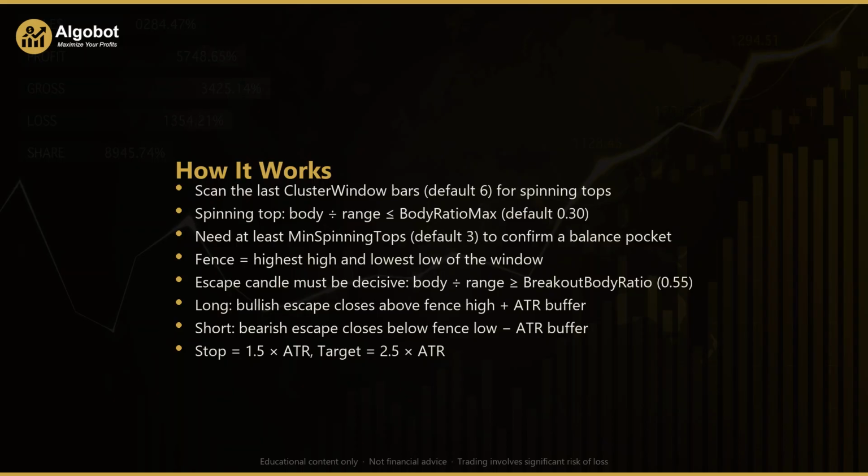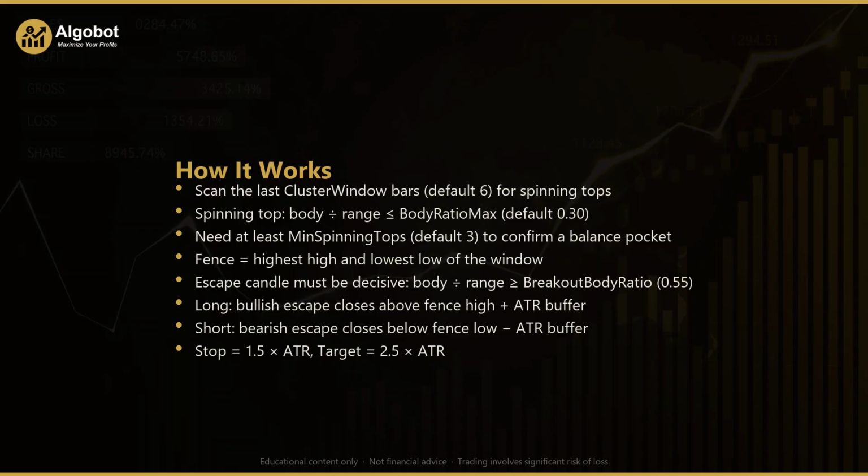Now comes the resolution. The most recently completed candle is the escape candidate. For it to qualify, its own body must dominate its range. If its body-to-range ratio is at or above the breakout body ratio, defaulting to 0.55, the EA considers it decisive, a full commitment candle, not another wick-heavy hesitation. From there, the direction is symmetric.